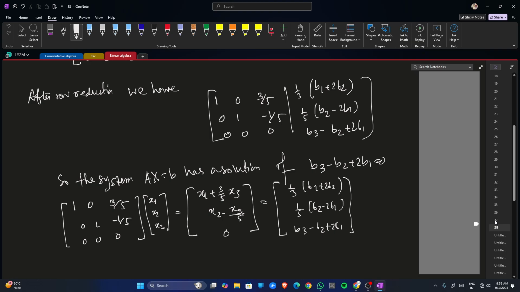And how do you find the solution? The way to find the solution is the same as before. If you assign any arbitrary values to the last variable, you find the solution.